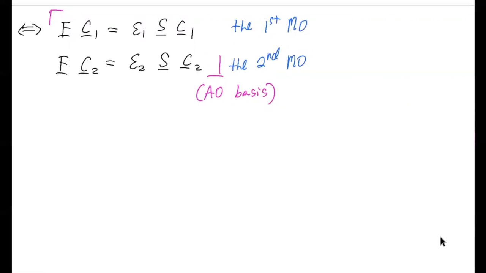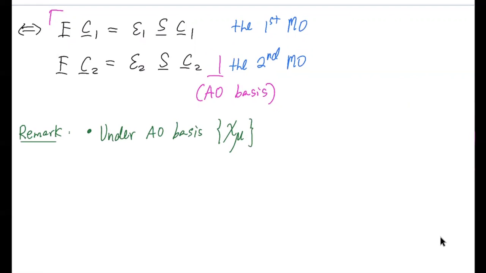So I think I need to write a remark here. Under the atomic orbital basis, right, we choose atomic basis here. Let's say chi mu. Chi is the notation for the atomic basis.